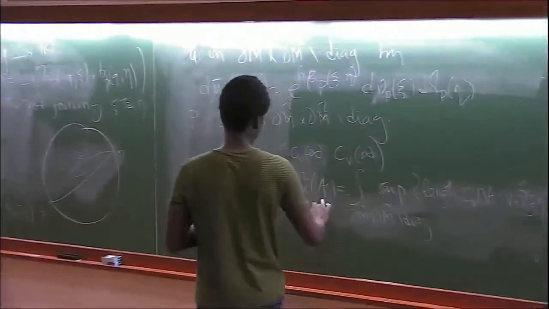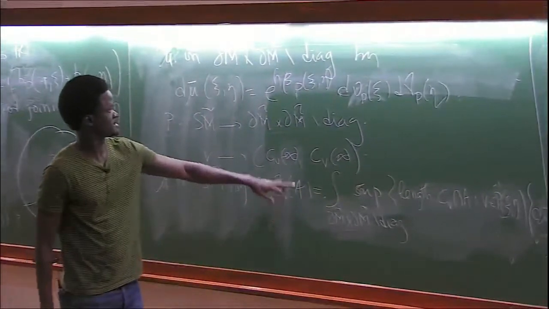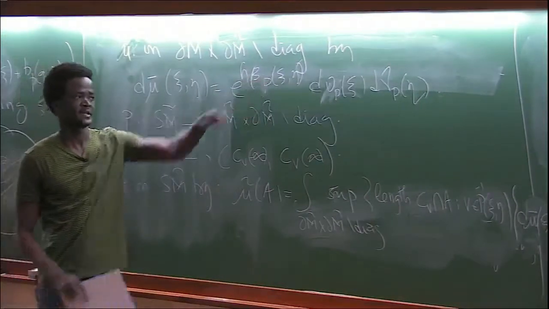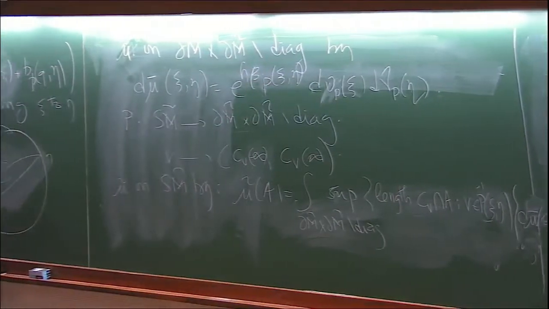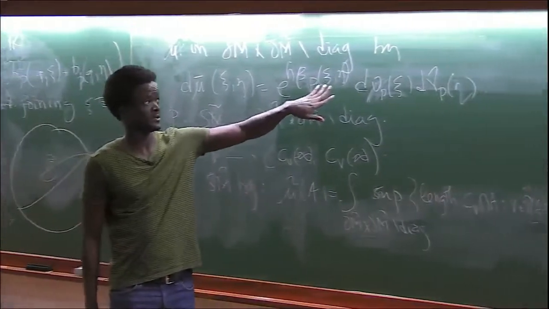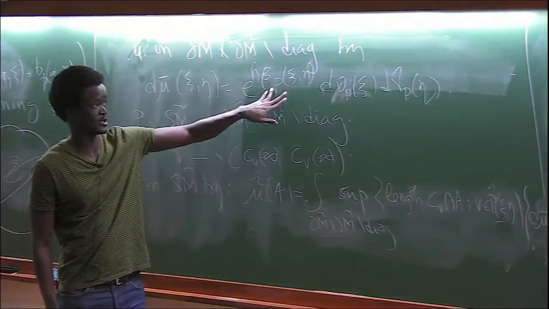So basically, you can see that the measure of any compact set is finite. Why? Because the only way for this quantity to blow up is that psi and eta are getting closer. If psi and eta are getting closer, this quantity gets bigger, blowing up to infinity.